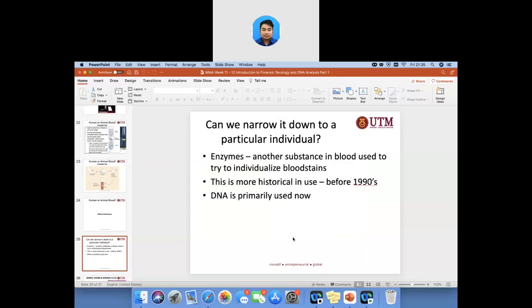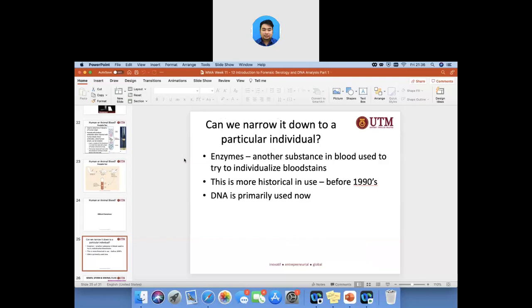Okay. So can we narrow it down to a particular individual based on the blood type? Enzymes in the blood can usually be used to try to individualize a person.